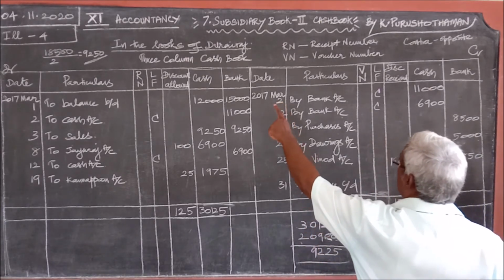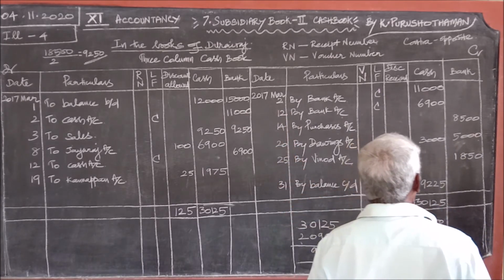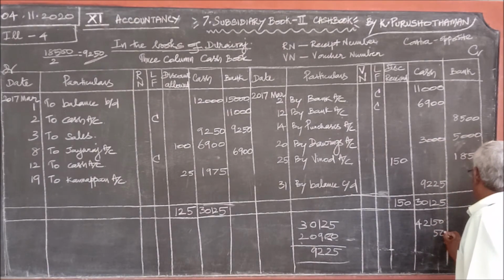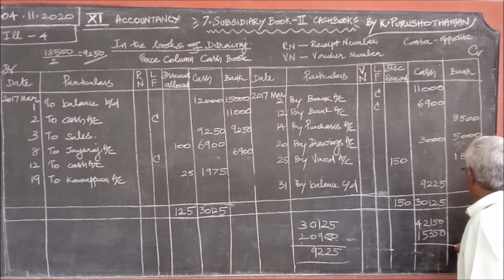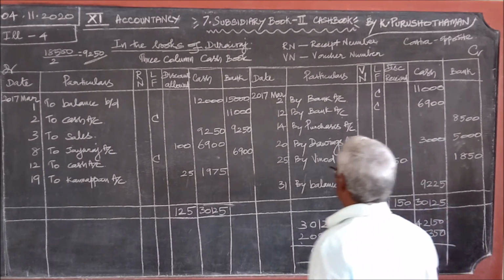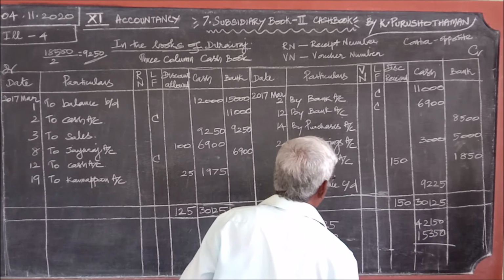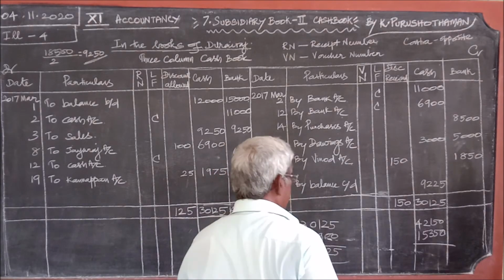Then the credit side total is 15,350. Which is the greater total? The greater total is 42,150. We can write on both sides 42,150. This is the total.